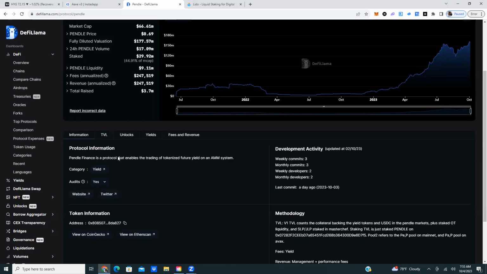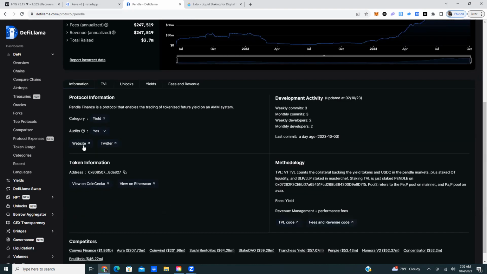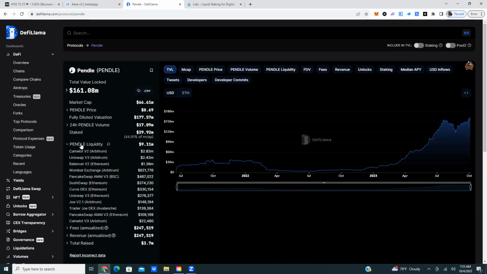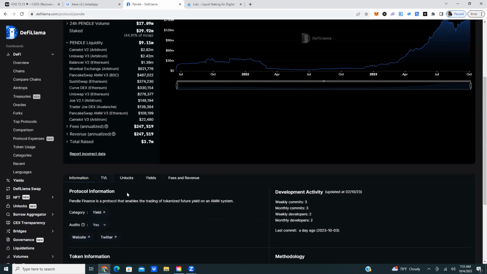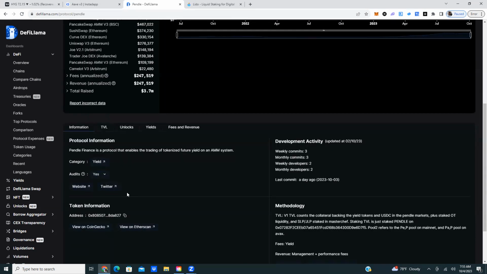Pendle Finance is a protocol that enables the trading of tokenized future yield on an AMM system. It's automated market maker system. Let's take a look at that. I want the website.